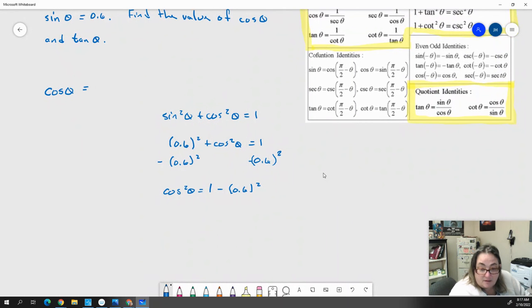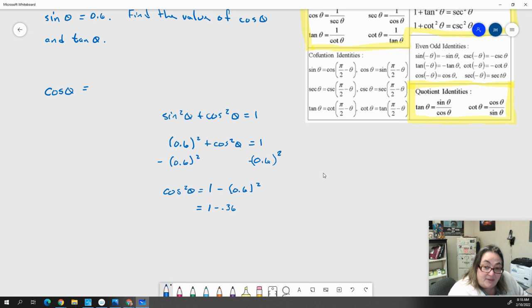Well, I believe that that would equal 1 minus 0.36. Am I correct on that? 0.6 squared, 0.6 times 0.6 equals, yeah, 0.36.